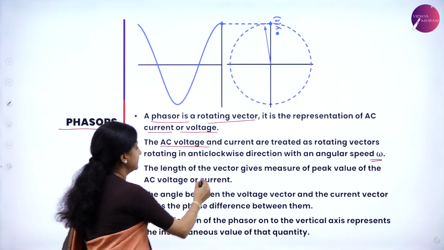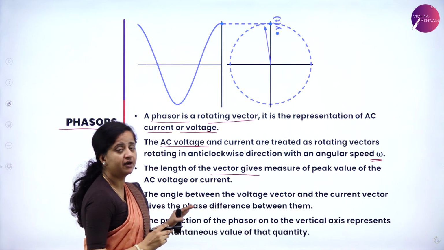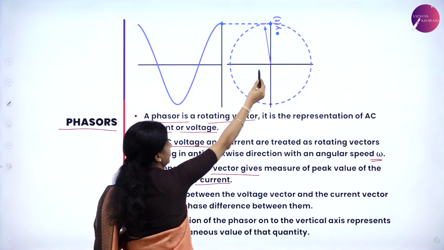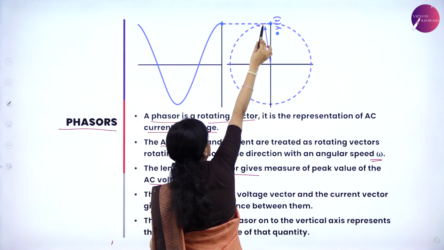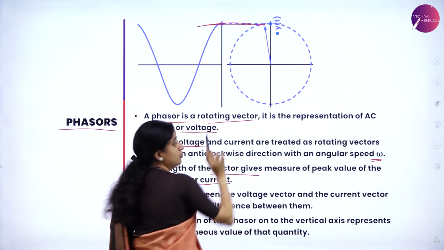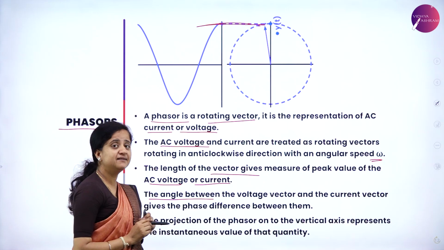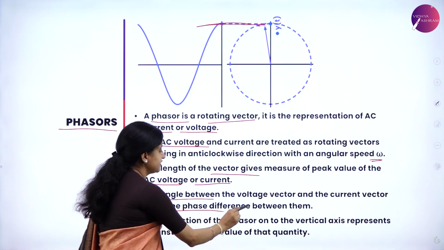The length of the vector gives the measure of the peak value of AC voltage or current. The angle between the voltage vector and the current vector gives the phase difference between them.